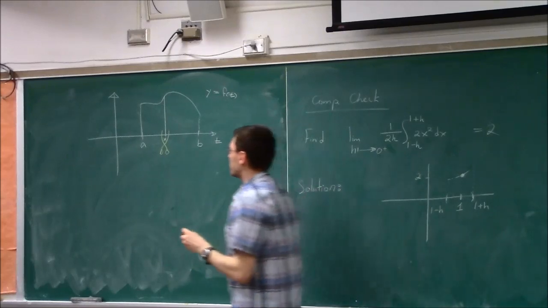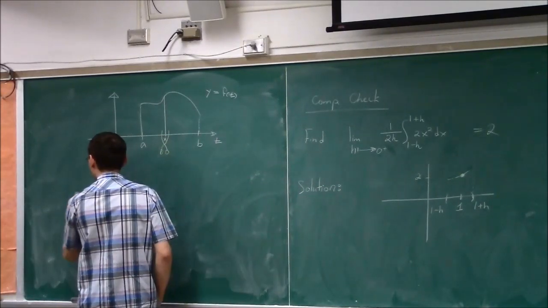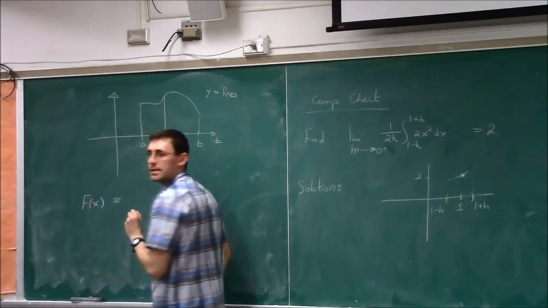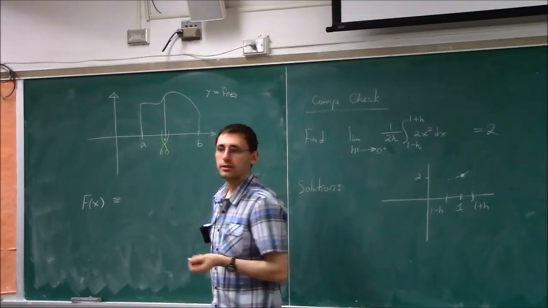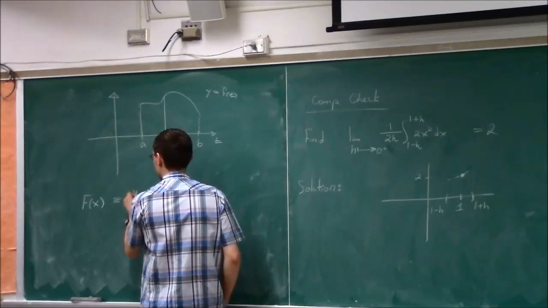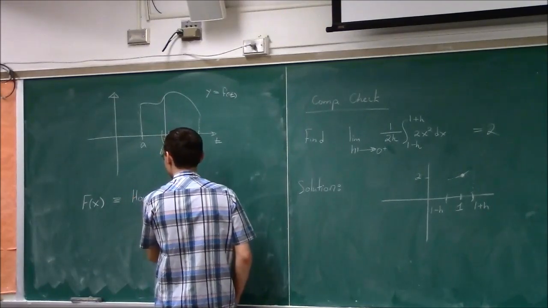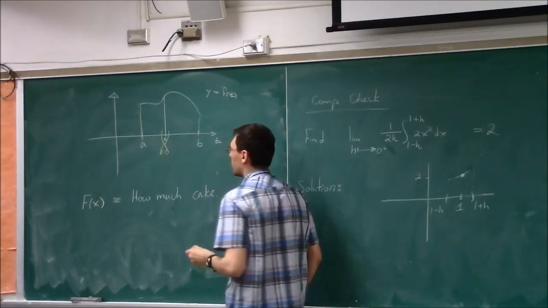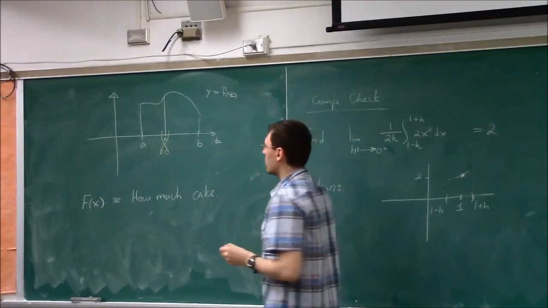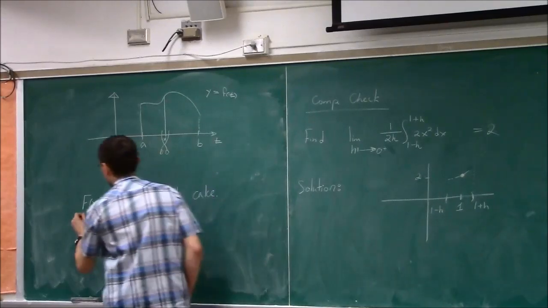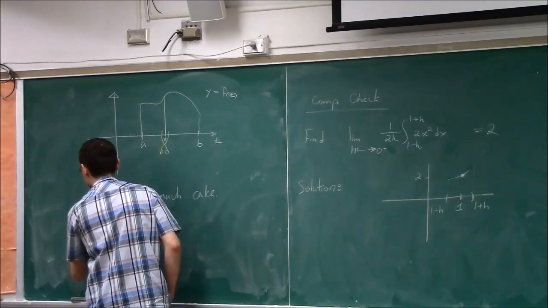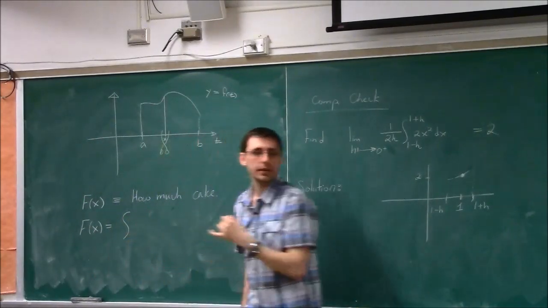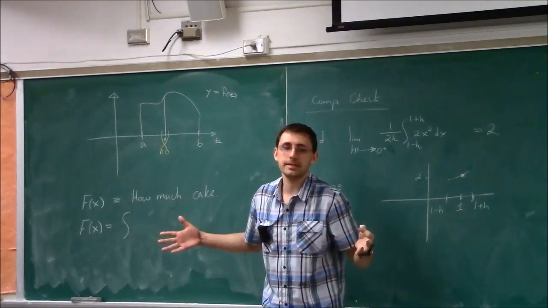So you decide to cut the point at x, okay? So f of x represents how much cake you get, right? Think of f of x as how much cake. Now, in particular, because it's a two-dimensional cake, the amount of cake is given by its area.